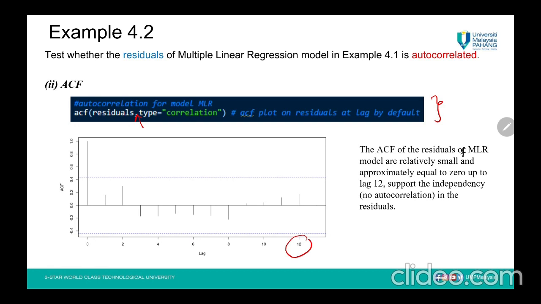So the interpretation for this ACF plot is that the ACF of the residuals of the MLR model are relatively small. You can see this is also relatively small because all the ACF values are in between these two standard errors, and approximately equal to 0 up to lag 12, because the number of lags here is 12. This supports the independence or no autocorrelation in the residuals.